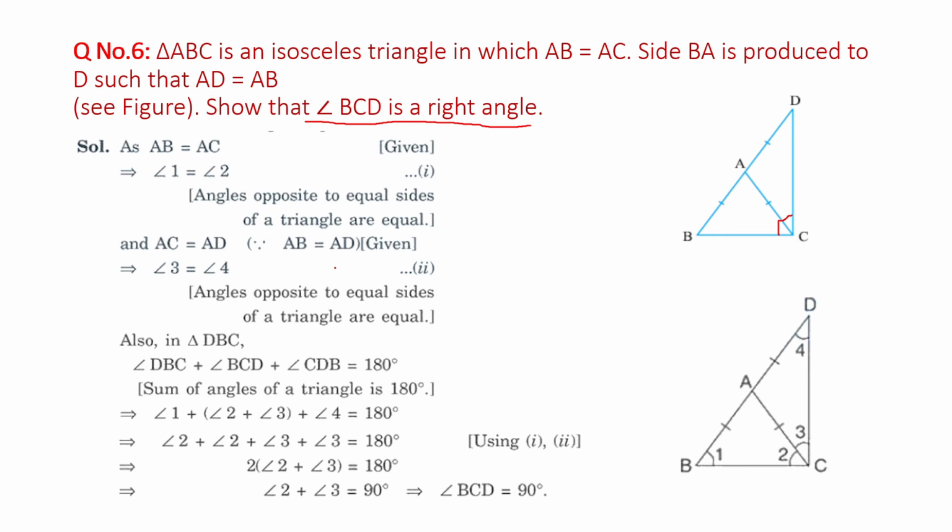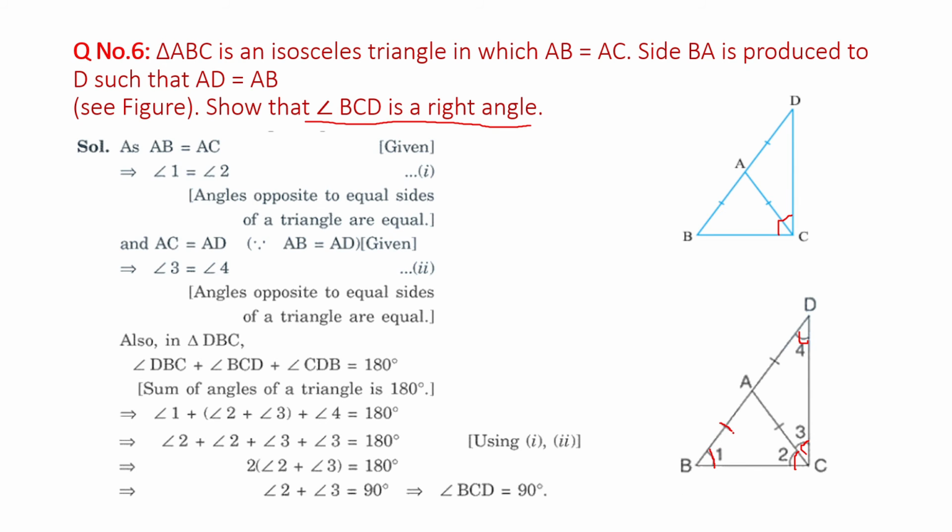To prove this angle BCD is a right angle, we will mark some angles. This angle B as angle 1, angle C as angle 2, this is angle 3, and this is angle 4. AB is equal to AC, this is given.